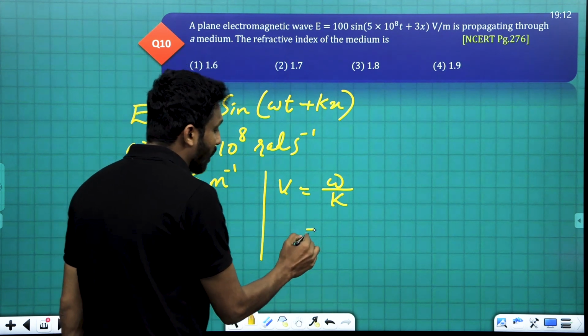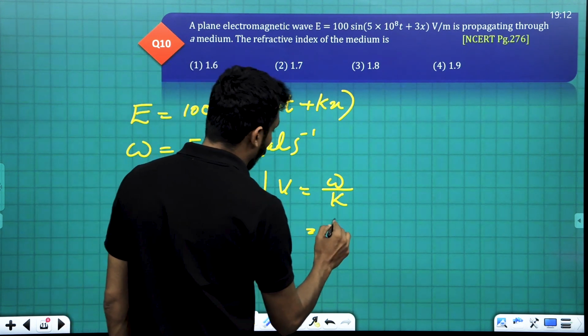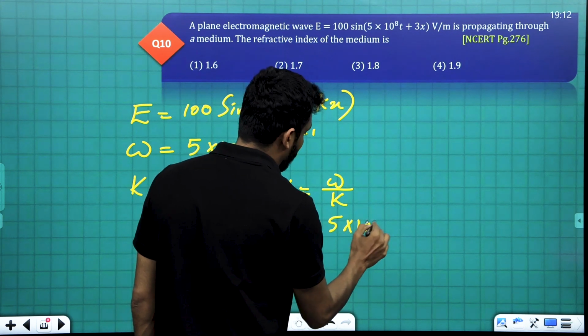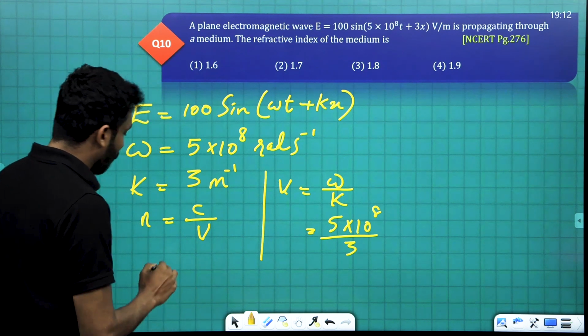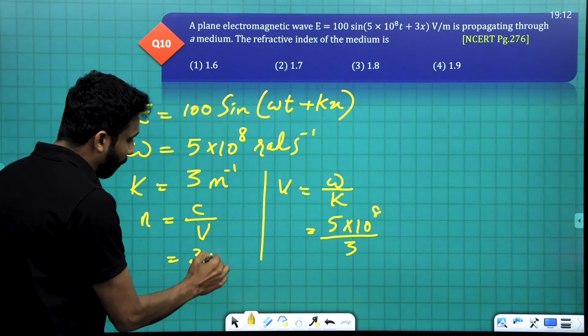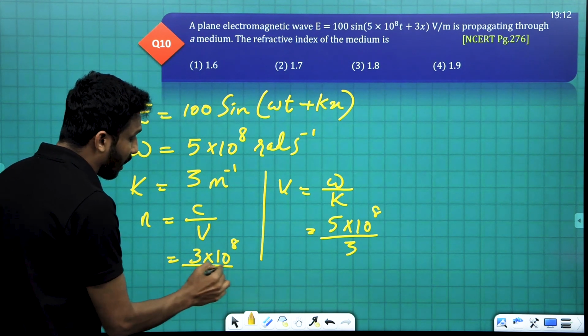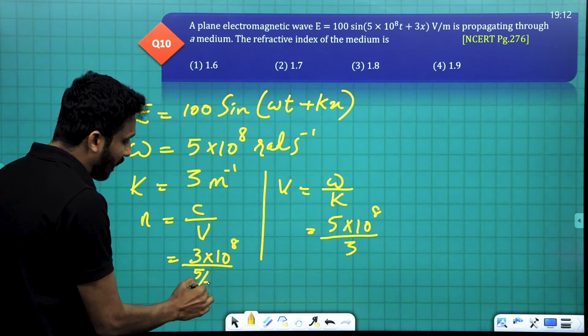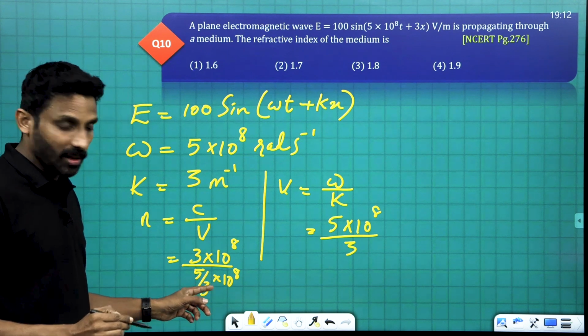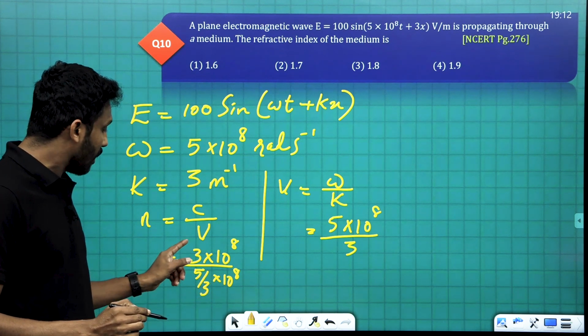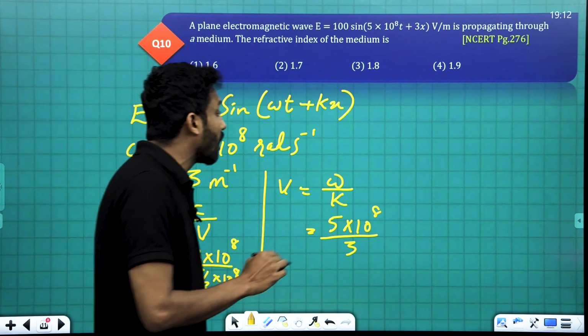Okay, then it is very direct. Omega is equal to 5 into 10 power 8 divided by k is 3. Then place it. 3 into 10 power 8 divided by 5 by 3 into 10 raised to 8. 10 power 8 is cancelled. This 3 goes to the numerator. 3 into 3, 9. 9 divided by 5.